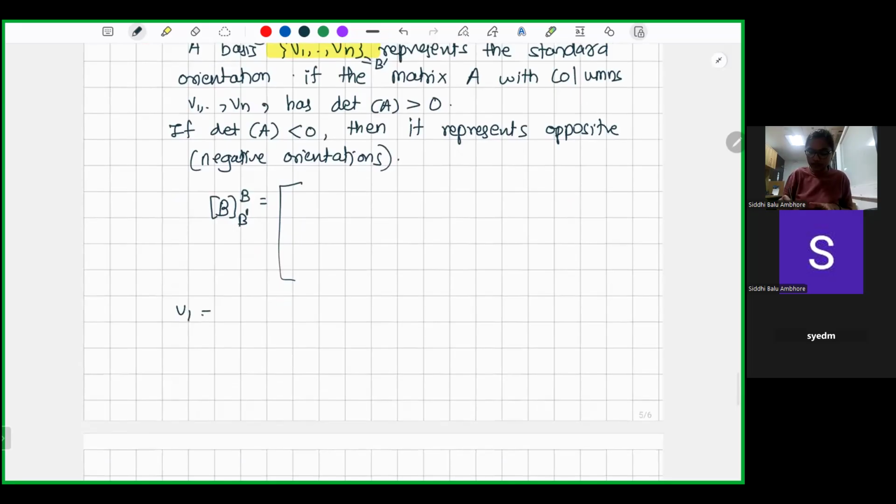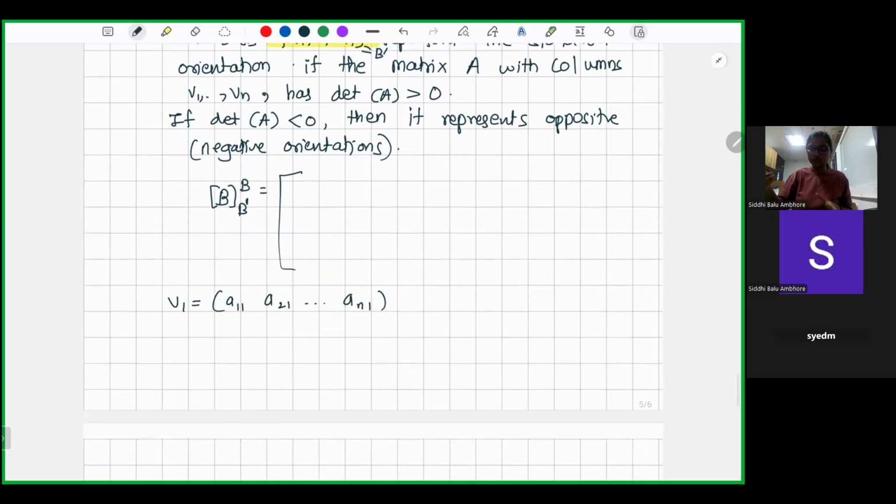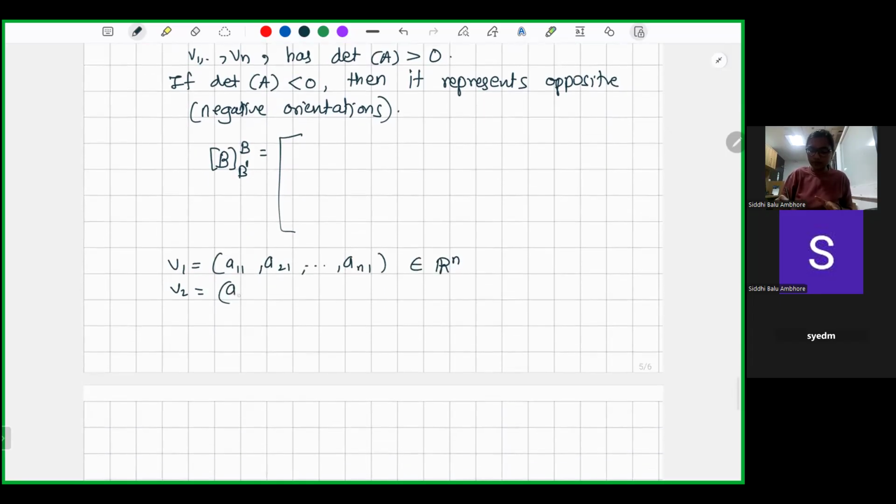So V1 is some tuple, right? It will be A11, A21, and so on, AN1. And V2 will be, again, since it is in Rn, A12, A22, and AN2.